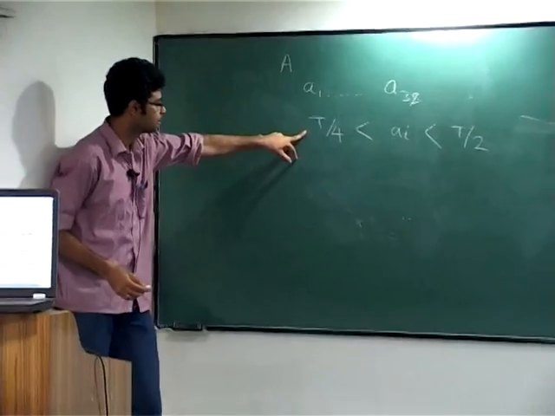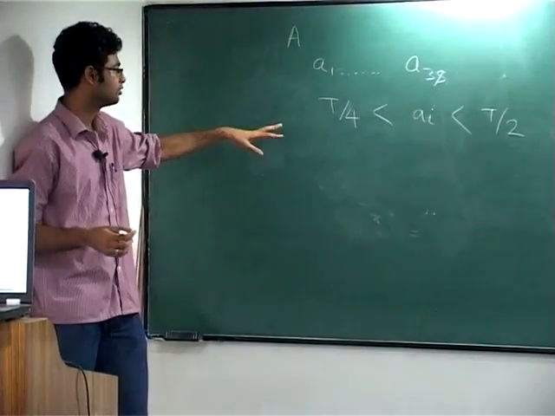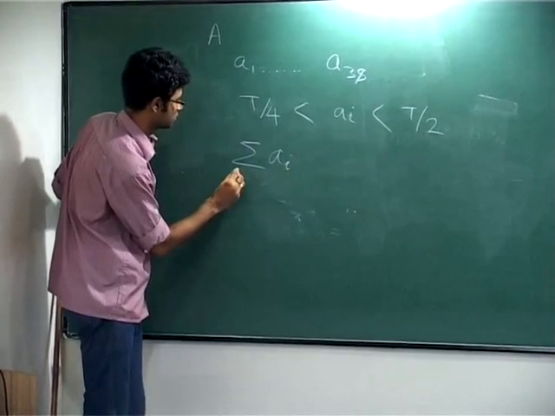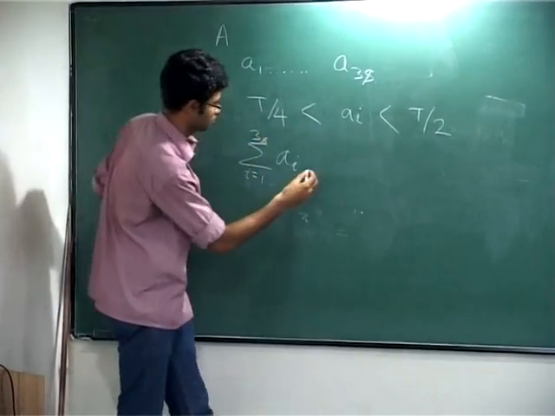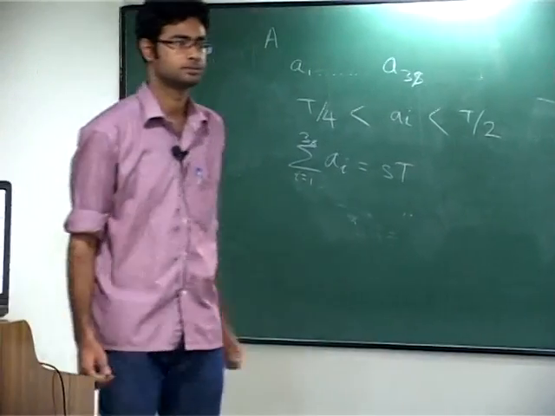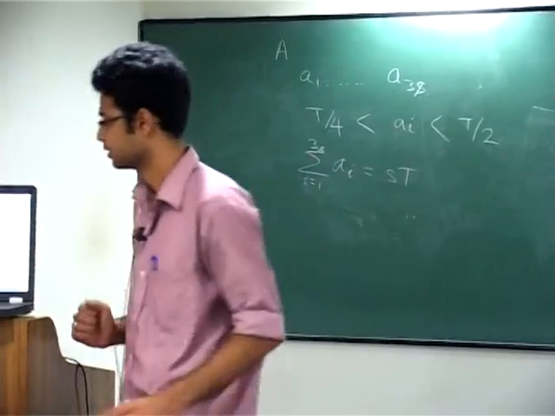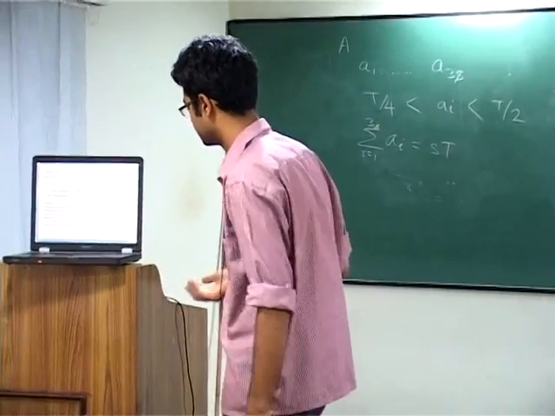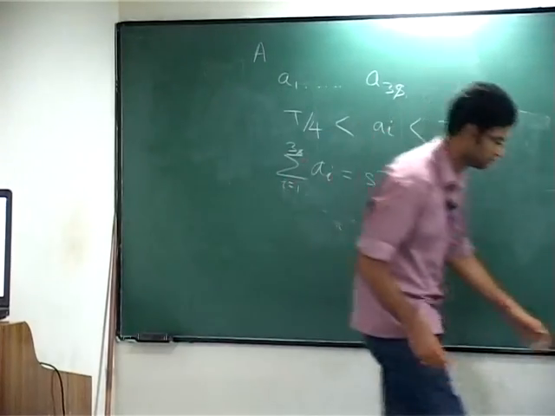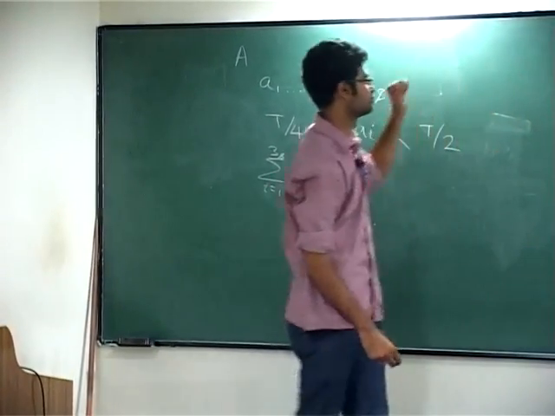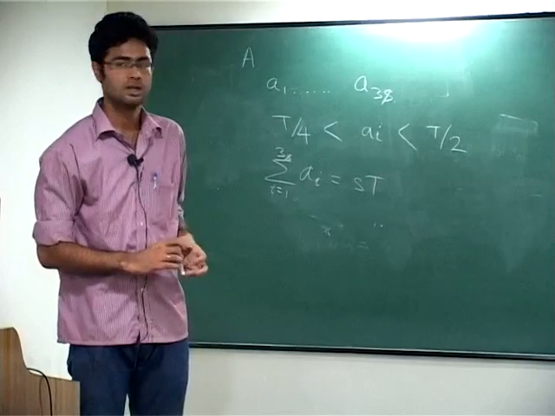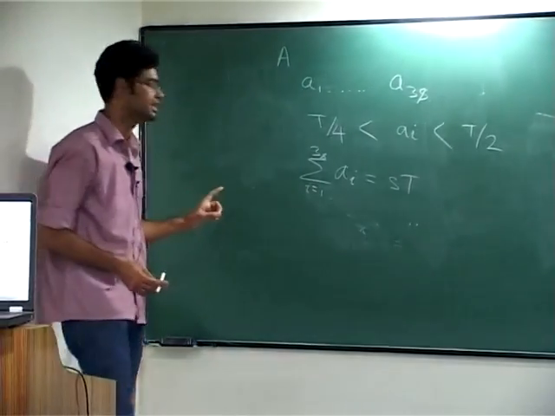I want to partition them into subsets such that the sum of each subset is T. First of all, there is another property: the sum of all these numbers is s times t.